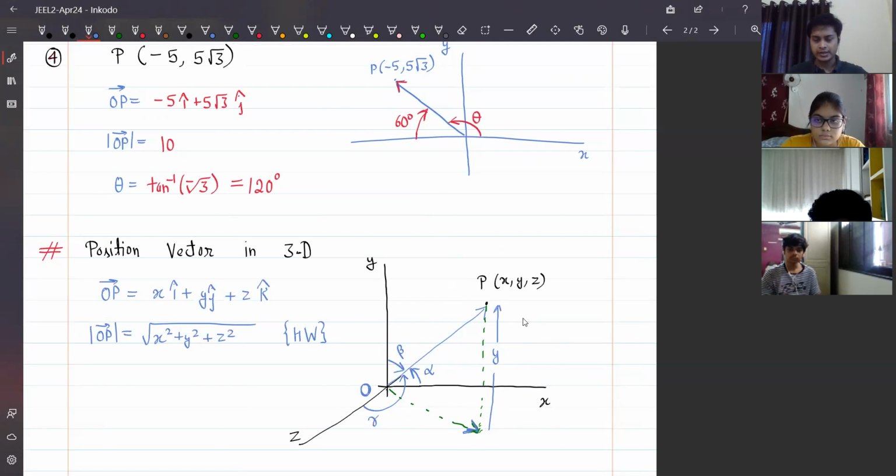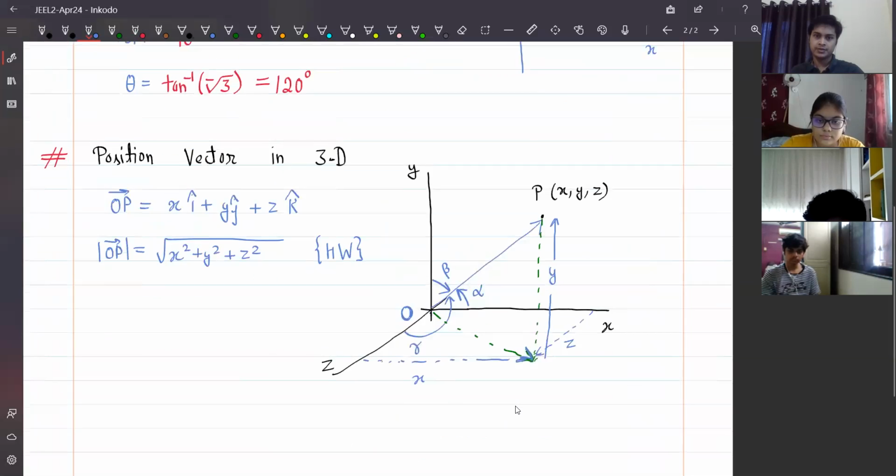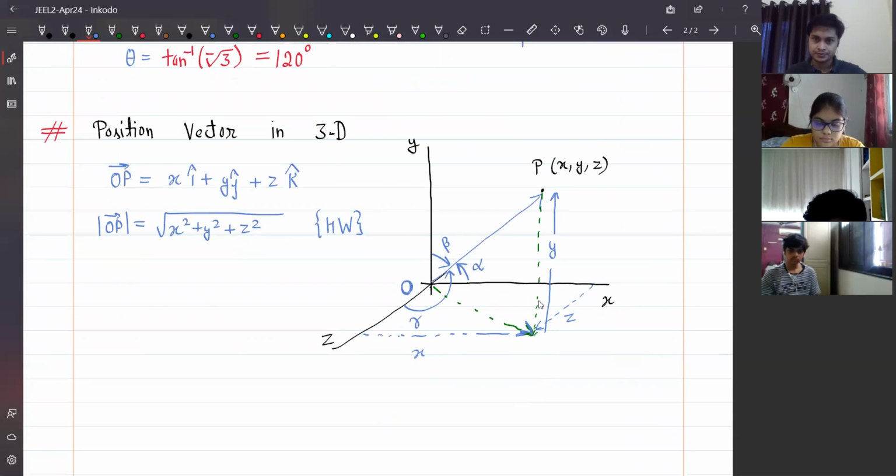And what is your x coordinate? The x coordinate is the distance from the YZ plane. And this will be your z. Here you have to visualize. I think the diagram might not be sufficient for it. See, x is this distance.